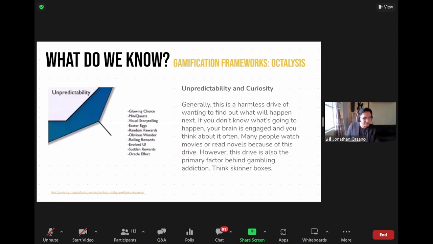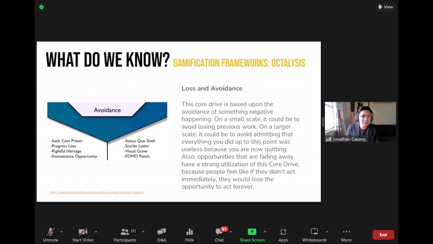Skinner box, when you have the dogs that can push buttons and then food may or may not appear. That was torture, but it's sort of like the same thing being done to us. Loss and avoidance is pretty straightforward. Everyone does not want to lose something. That's a very basic human drive.